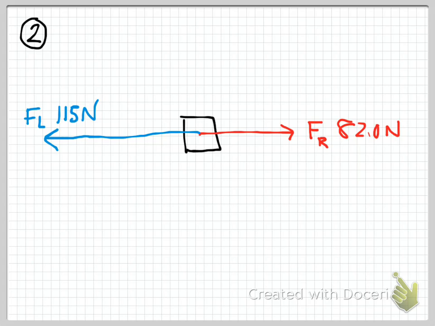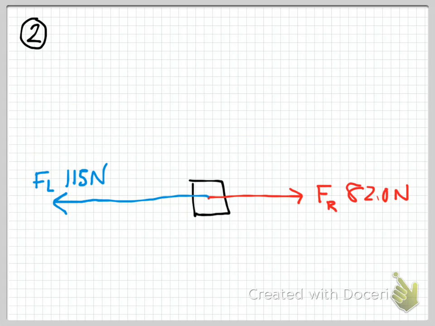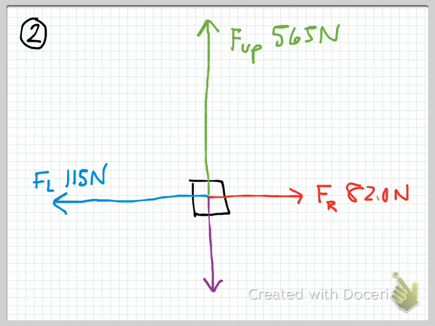And we'll pick something that will show up, hopefully. So we have a force up, and this is going to be impossible to do proportionally. Force up of 565 newtons, and we have a force down of 236 newtons.